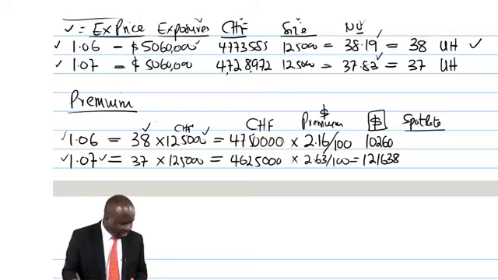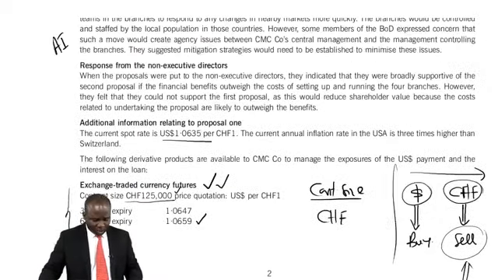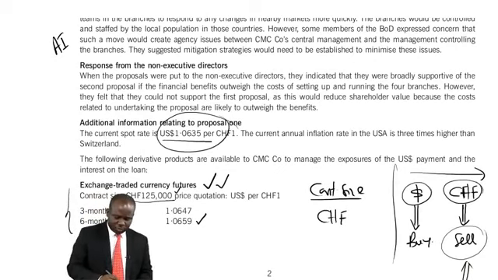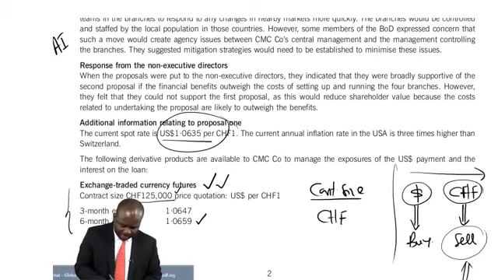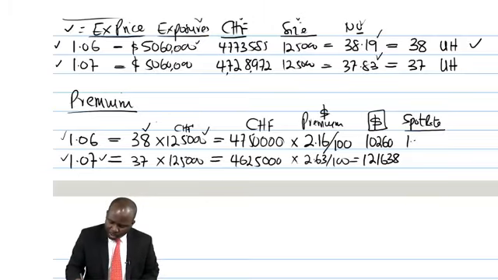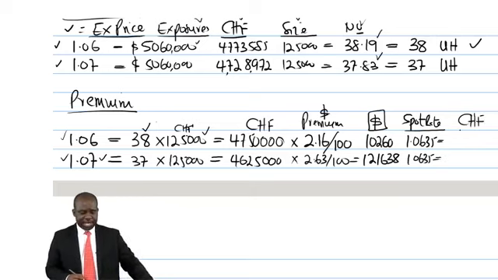I go to the question, where is the spot rate? I go and pick the spot rate. Spot rate was given to me here as 1.0635. I pick it. And how much will be the premium in my currency, which is the CHF?